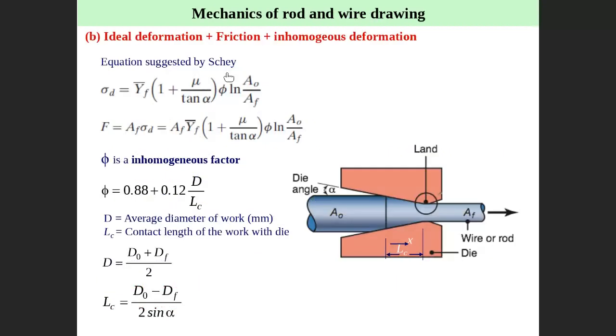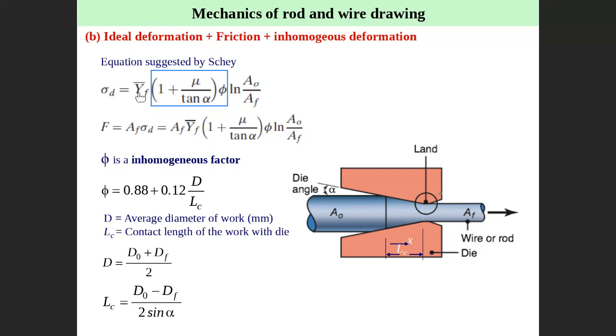Now we need to modify the equation, as I told you. The equation was very theoretical, not considering friction or redundant or inhomogeneous deformation. The ideal equation is sigma drawing equals Y bar flow ln AO divided by AF.